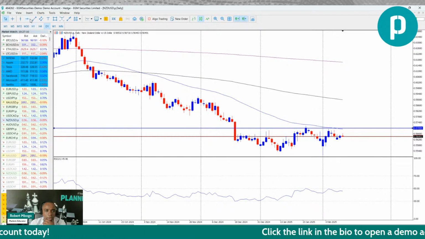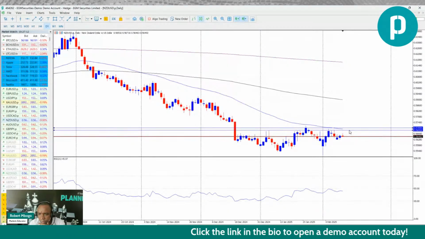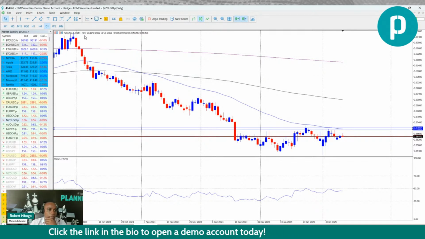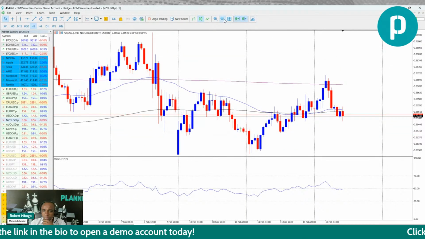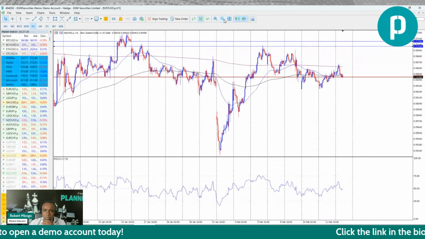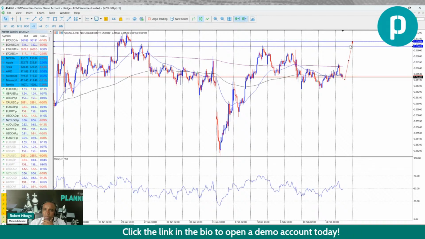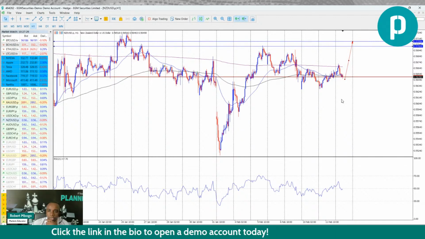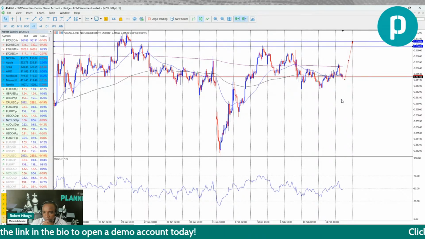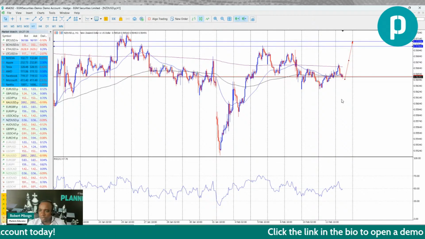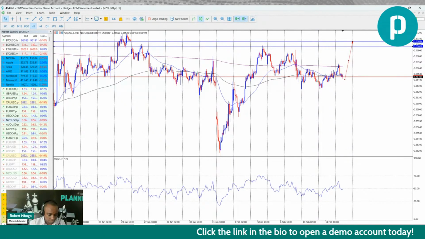So I'll still be looking at a possible move there. Buys to close that gap. That could play out today or even by the end of this week probably. But I'm bullish on that one.